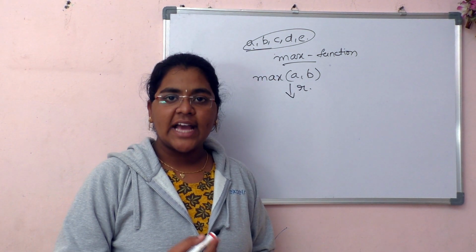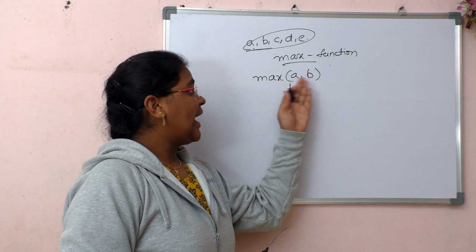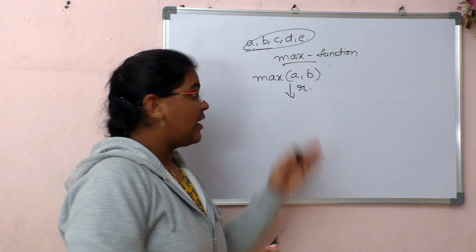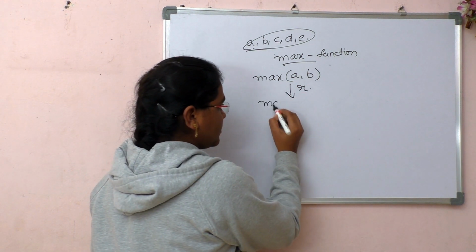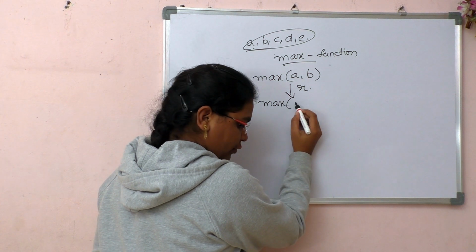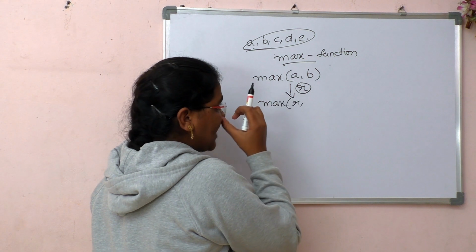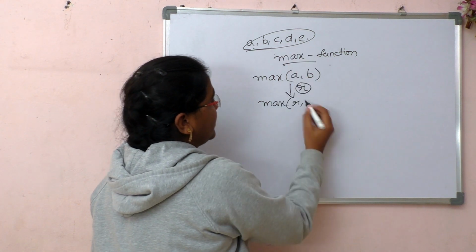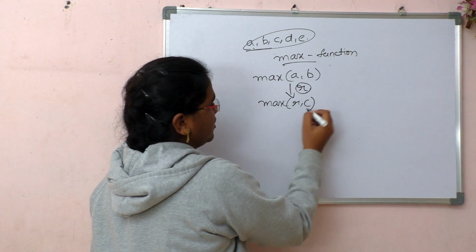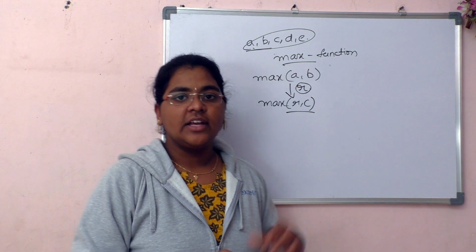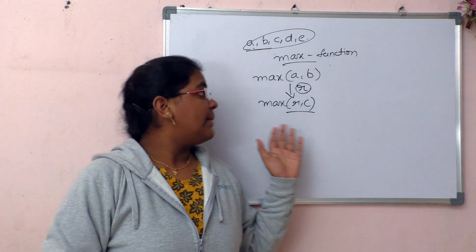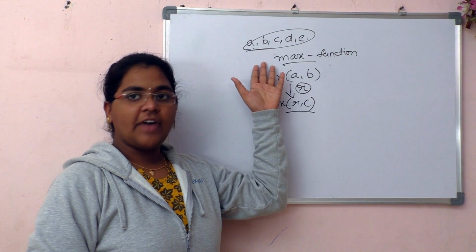Now the maximum number of a and b is stored in r. And again we find the maximum of r, c, and like this we can find the maximum number among the 5 integers.